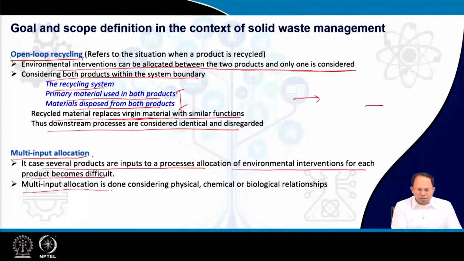Multi-input allocation is done considering physical, chemical or biological relationships. That means we have to study the chemical, biological and other processes in detail to understand what is being changed into what and what are the emissions resulting from which aspect, and accordingly allocate emissions to a certain input. Why is this important?